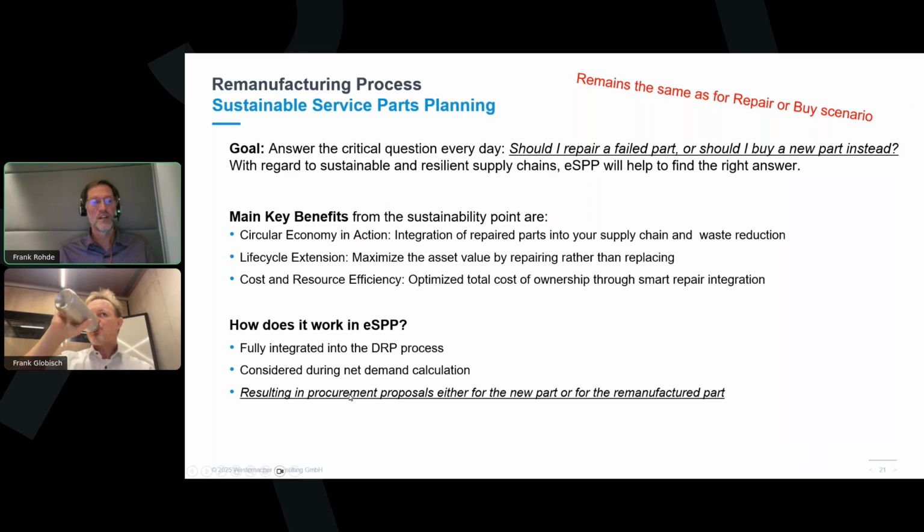I only focus on the procurement proposal. This always results in a procurement proposal, either for the remanufactured part, because an external supplier is doing the remanufacturing and we need to procure this part from this remanufacturer, or a new part will be procured.